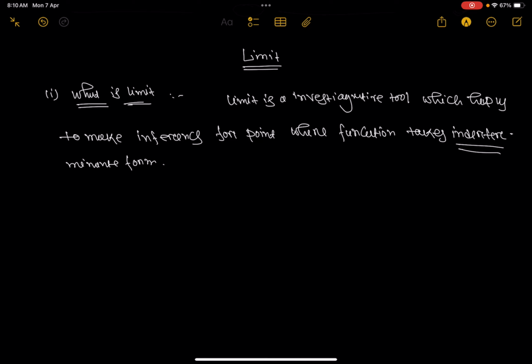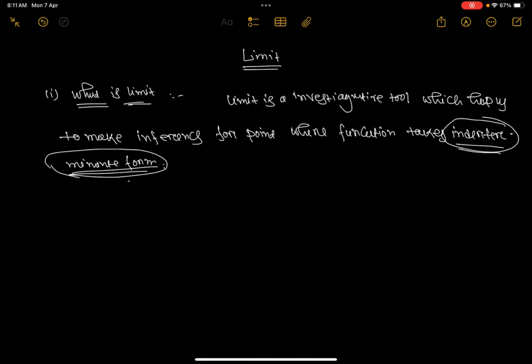What is indeterminate form? These things we discuss after some time. But what is the limit? Limit is an investigative tool which helps us to make inference for the point where the function takes the indeterminate form. This is the most important thing in the limit.